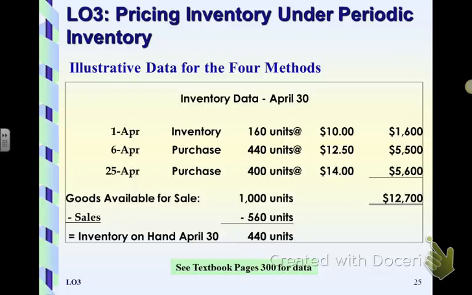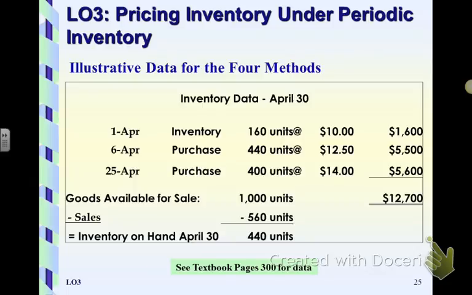So I'm going to look at my units available for sale. I know that I sold 560 units. So that means if I sold 560 units, that means that the number of units I have in my ending inventory is 440 units. But of that 440 units, what's the value of them? See my dilemma? Do you understand what I'm saying?